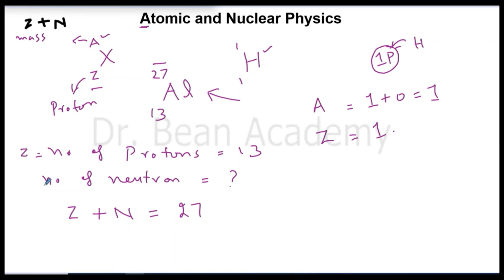We represent it with Z, and the number of neutrons we represent with N. So if you know Z, you can find N, because N is the difference of mass number minus Z number. And we know that 27 minus 13 is 14. So there are 14 neutrons in the nucleus of aluminum.